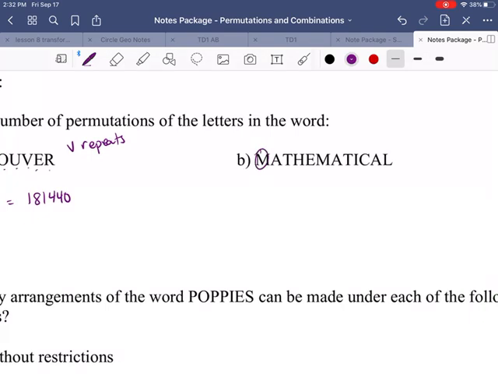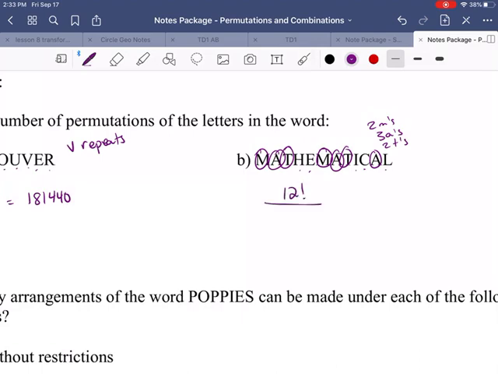Mathematical. All right, so we've got the M's repeating twice, so 2 M's. We've got 3 A's. We've got 2 T's. Anything else? H, no. E, no. I, C, and L. Okay.